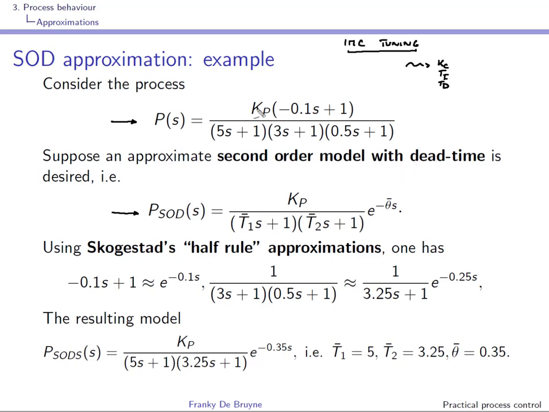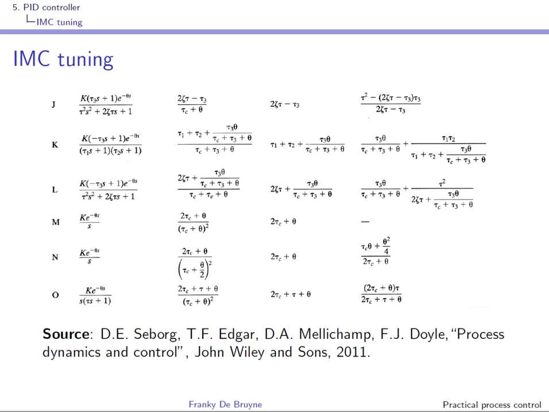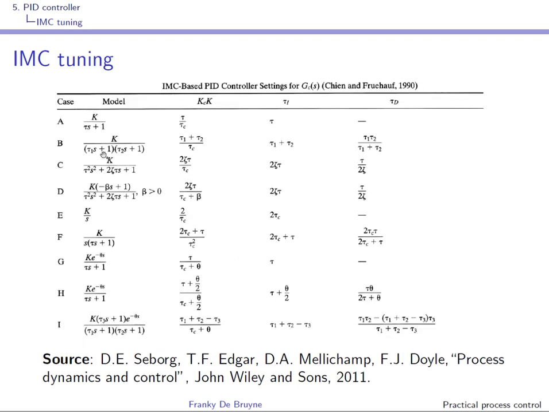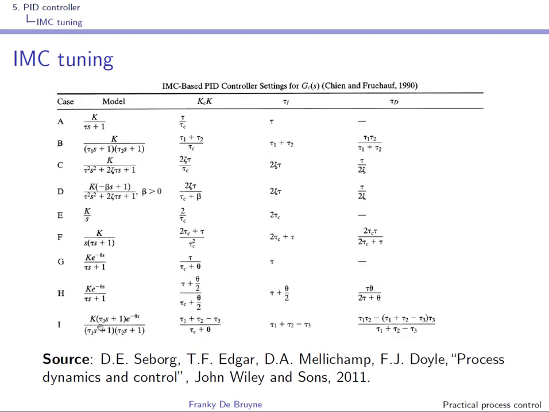Okay, so once you have approximated this system by this one, you can obtain tuning parameters for the PID controllers, and these tuning parameters will be valid also for the original system. To illustrate this, this is the table that corresponds to IMC based PID tuning, and as you can see here, there is no line here that corresponds to a third order system, but you can see that there is a line that is devoted to a second order system with delay.